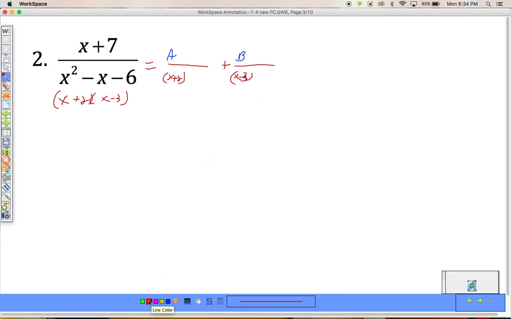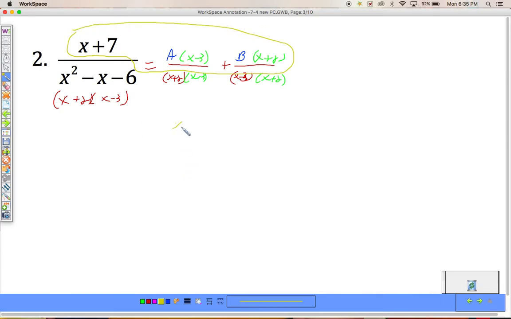Next, we're going to get common denominators again. So I put an x minus 3 in the first one, x plus 2 in the second. Now I'm going to write the equation across my numerator.